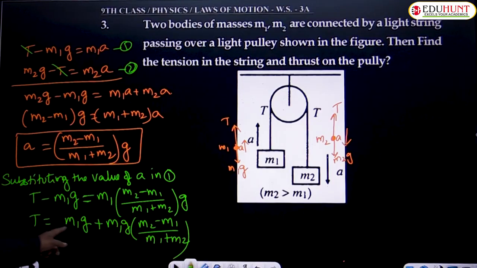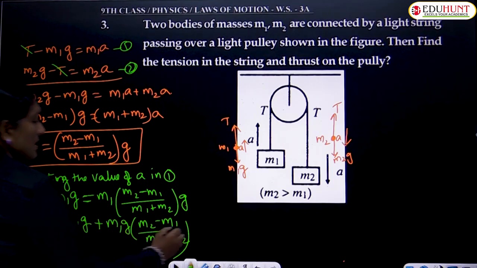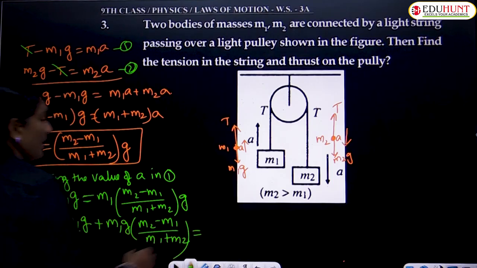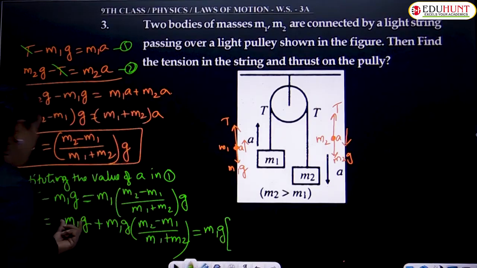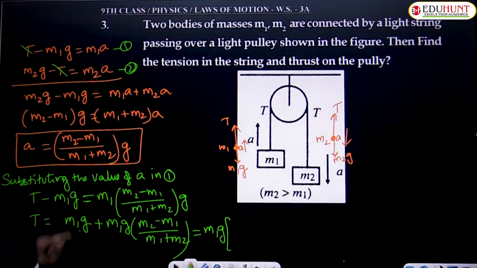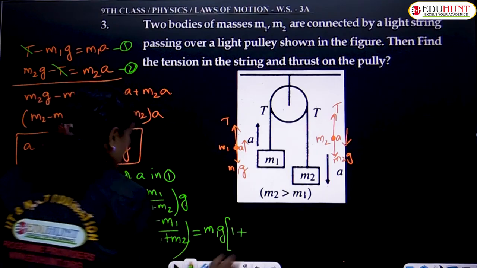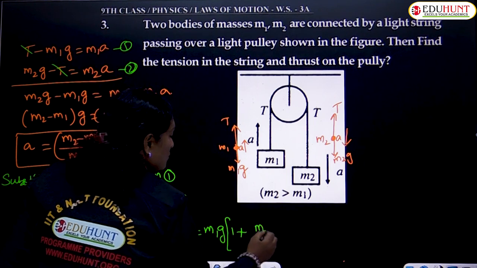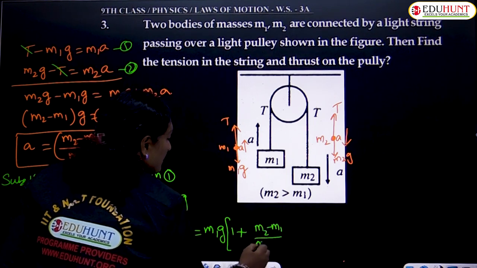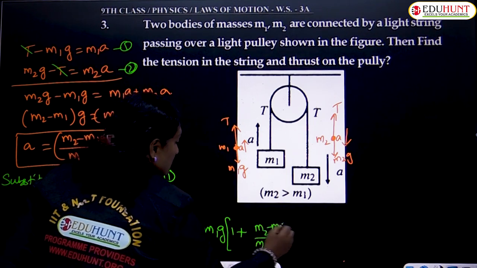In both the terms, you have M1G as common. Taking M1G as common, what are you left with? 1 plus M2 minus M1 by M1 plus M2.